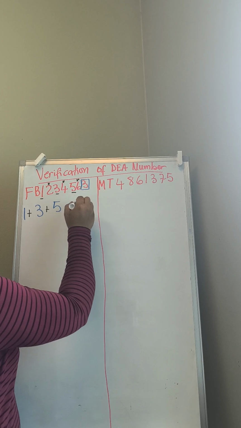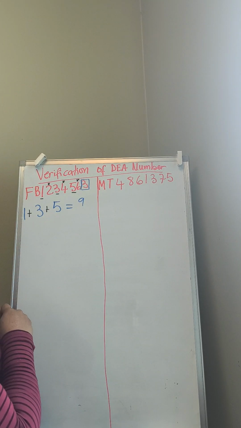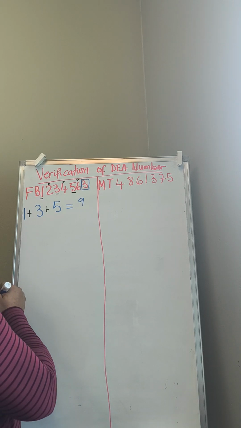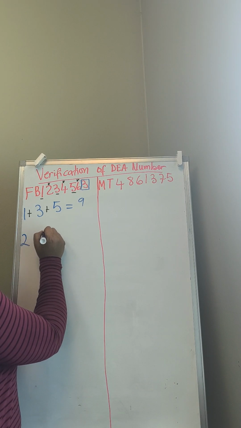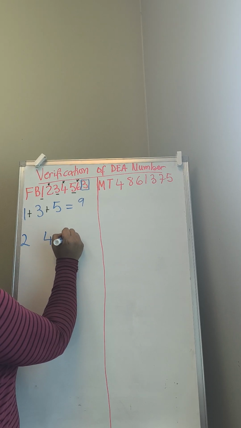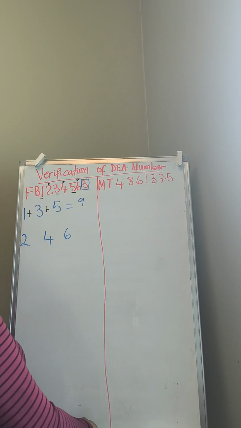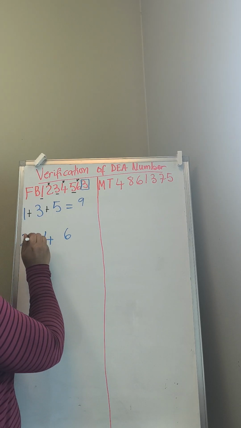That's the first number. Next, we're going to do the second numbers, those numbers that have a star on them. So that's the second number, the fourth number, and the sixth number. Again, this just happened to be 2, 4, 6. We're going to add them.